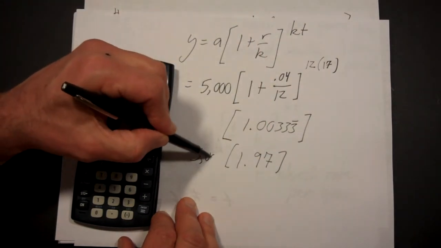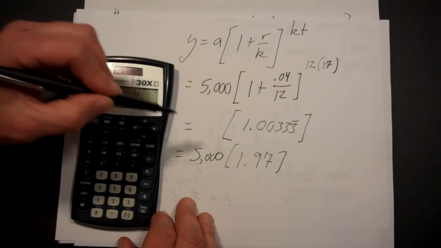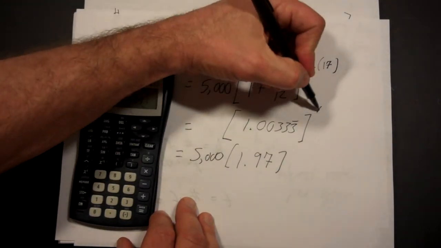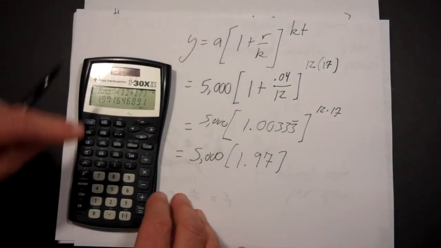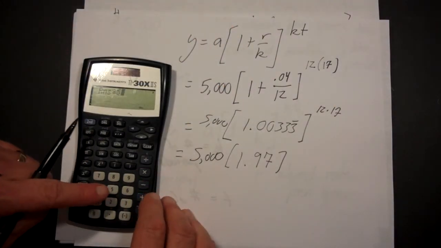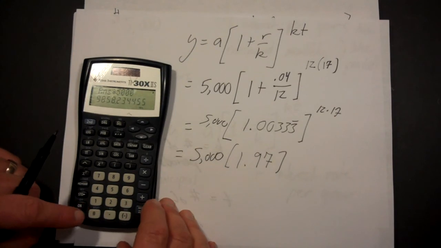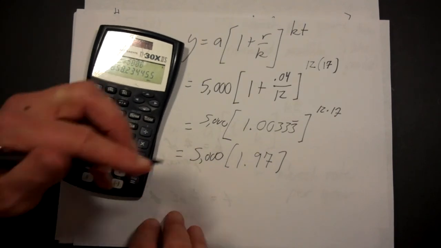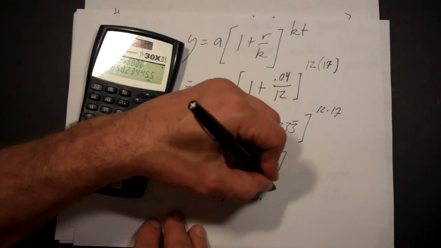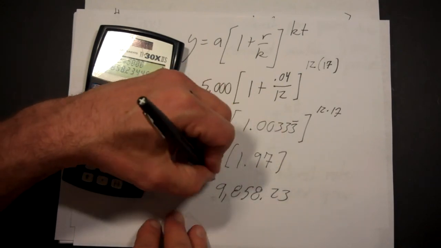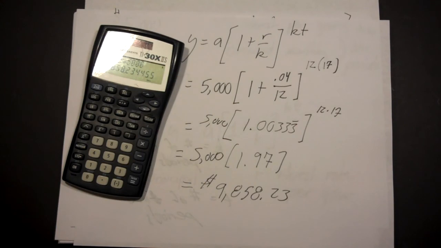Times 5,000, remember, that's 12 times 17, times 5,000. And you get $9,858.23. And that's how you do a compound interest problem.